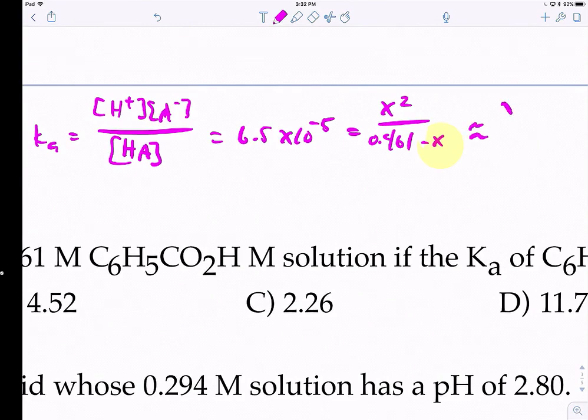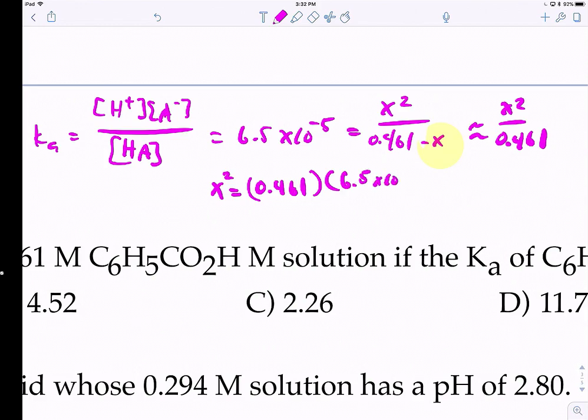So it's approximately x squared over 0.461. So x squared equals that, and you can just take the square root of both sides.